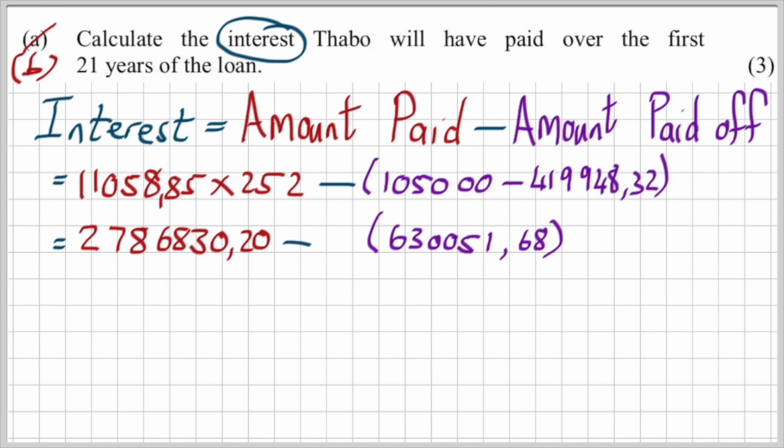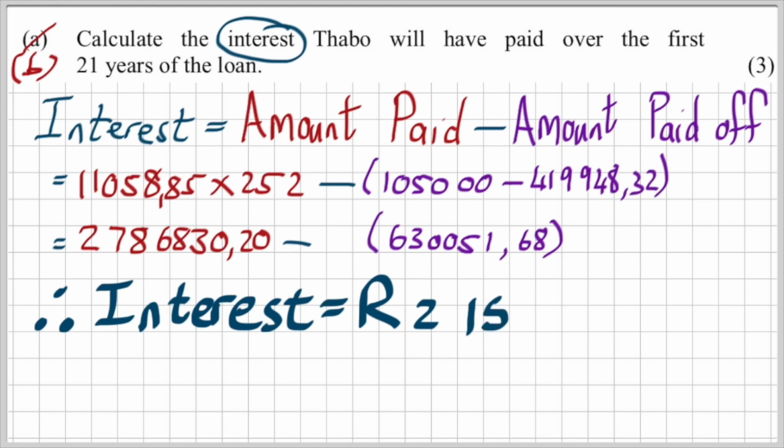Let that sink in. I made a total amount of 2.78 million. That's how much I paid into the bank. But I've only paid off 630,000 Rand. This means in the 21 years, I made an enormous interest payments of 2.156 million Rand.